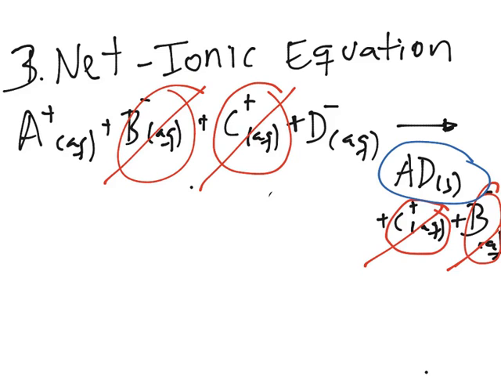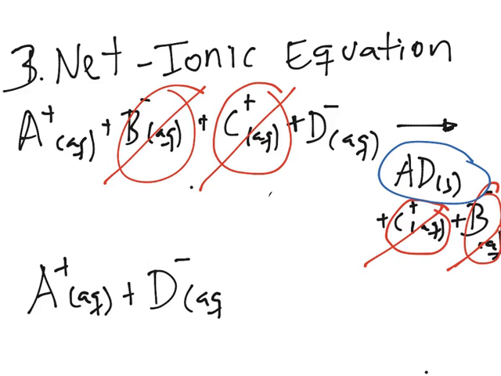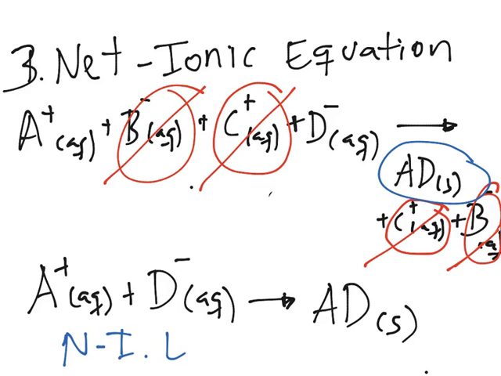So your net ionic equation would be A plus aqueous plus D minus aqueous forming AD as a solid. This is the net ionic equation, the simplest way you can represent your equation, and what you do is cancel out your spectator ions. And that is how you find the molecular equation, the total ionic equation, and the net ionic equation of your reaction.